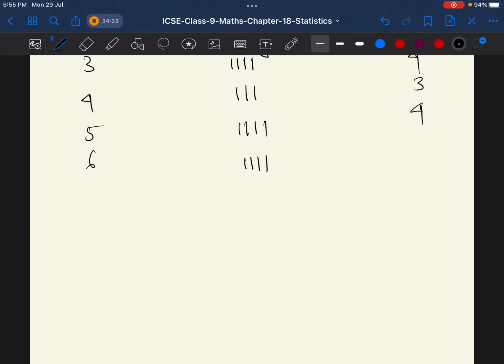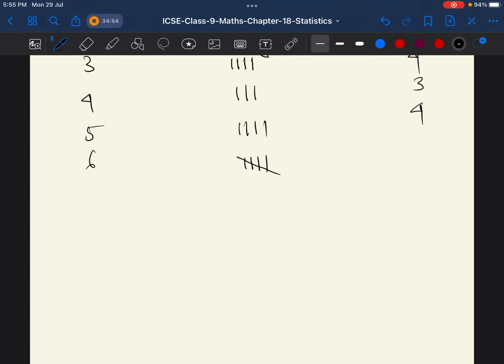When we write tally marks in bunches of 5, the fifth one crosses the 4 diagonally.